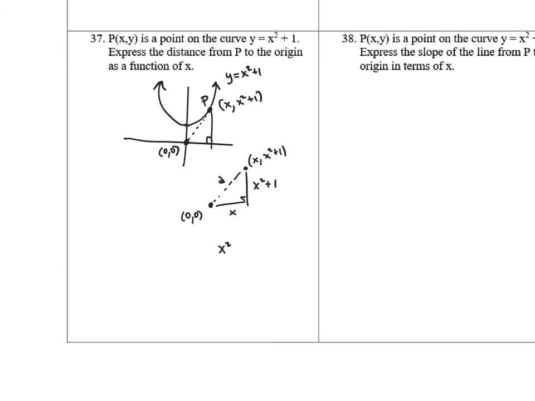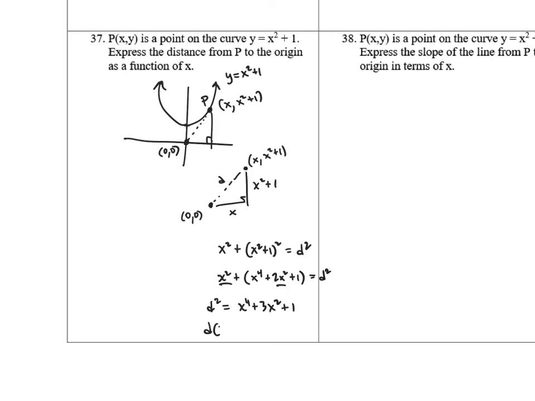I'm going to take x squared plus x squared plus 1 squared, set that equal to the distance squared. So that would be x squared plus, if I FOIL this, x to the 4th plus 2x squared plus 1. And if I combine like terms, I would get d squared is equal to x to the 4th plus 3x squared plus 1.